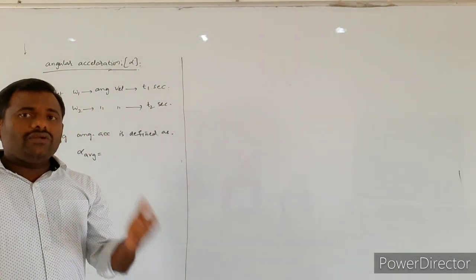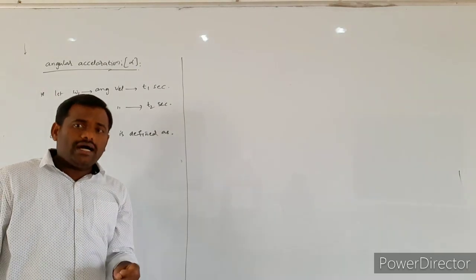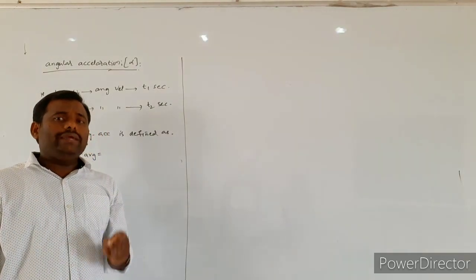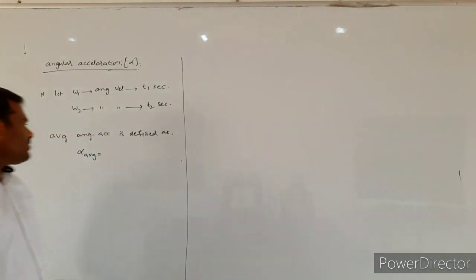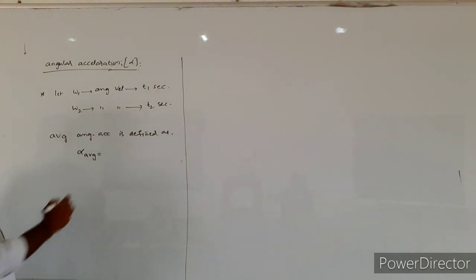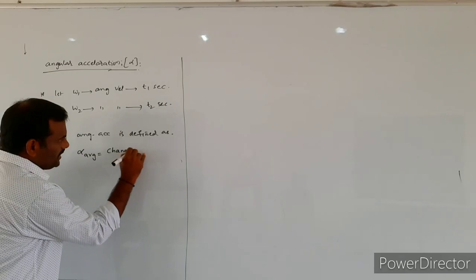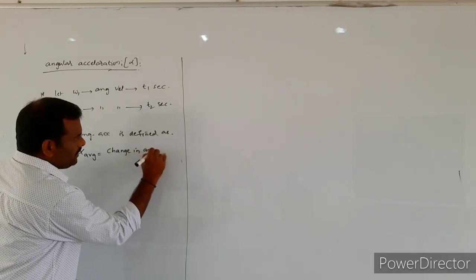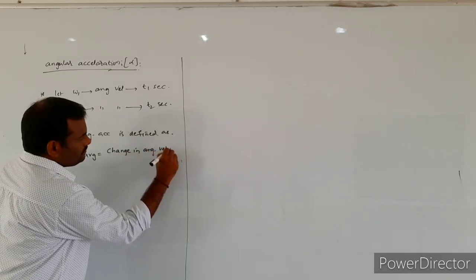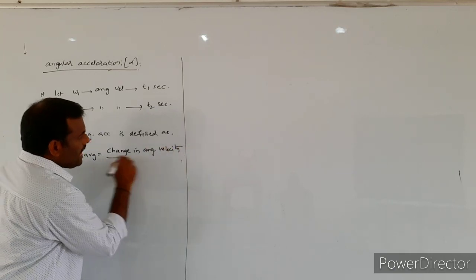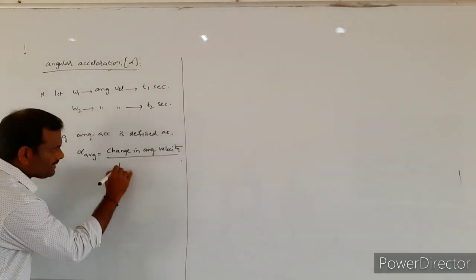Angular velocity is denoted with which symbol? Omega, and the angular acceleration will be denoted by alpha. So therefore, alpha average is equal to change in angular velocity by time interval.